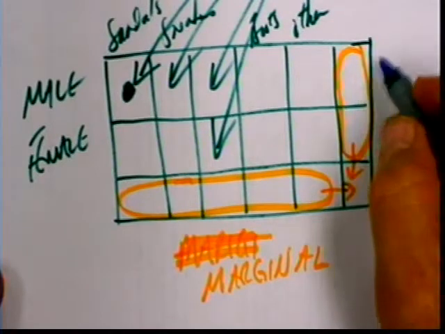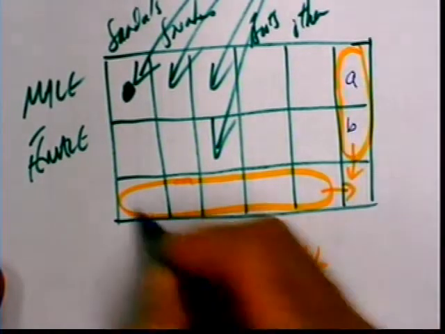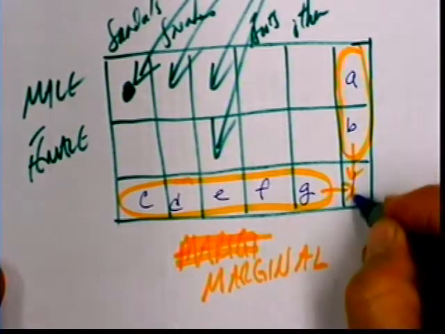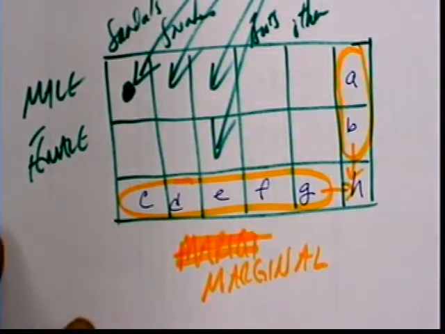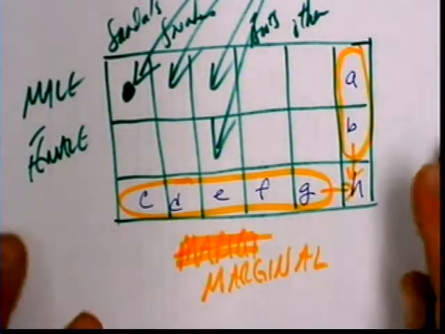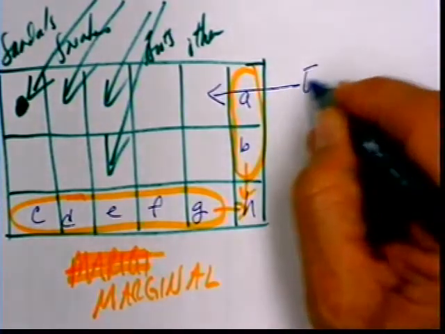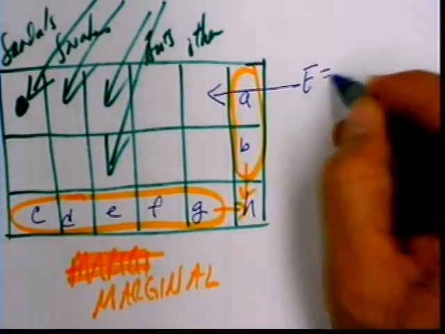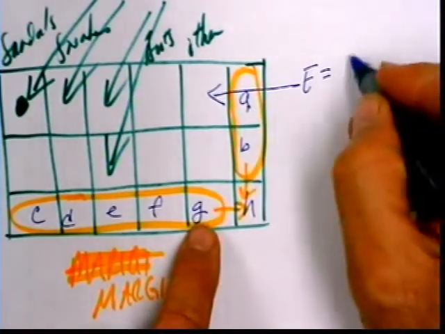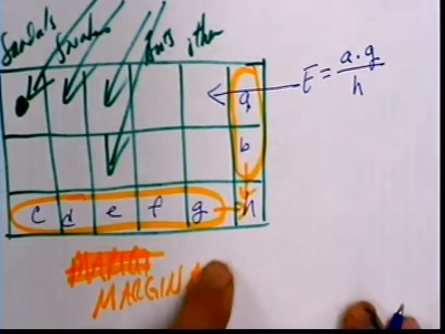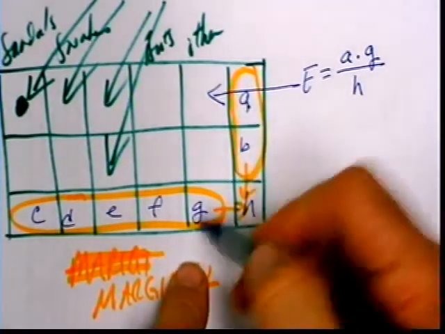Let's call these A, B, C, D, E, F, G, and H. The expected value for this cell is going to be A times G over H, this value times this value over this one.